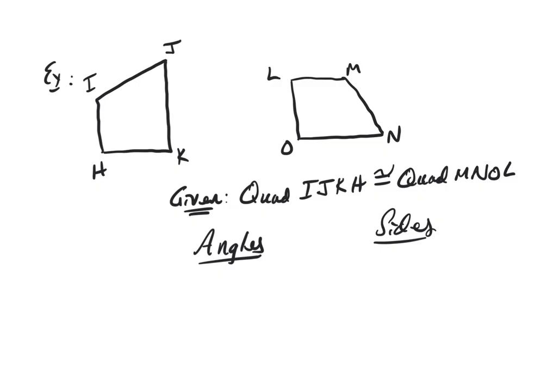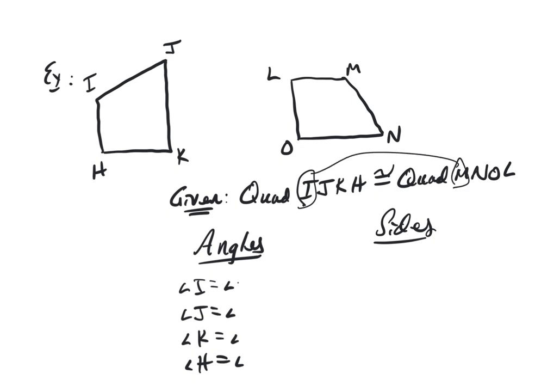So I'll start you off with the angles in the first, so I, J, K, H. So which ones are those going to be equal to in the other quadrilateral? Well, again, it's all about how we write the statement. Since I is the first letter and M is the first letter, I and M must be equal to each other.